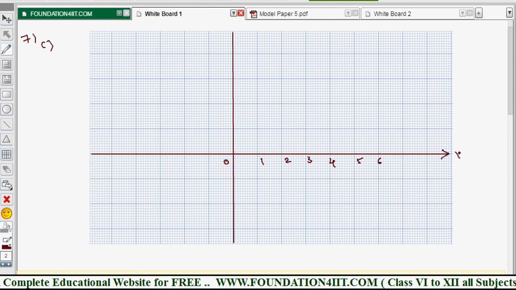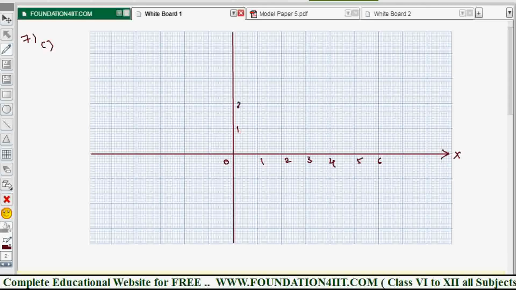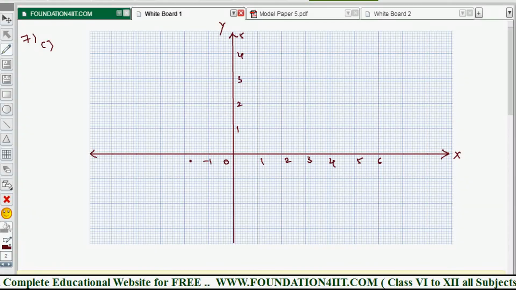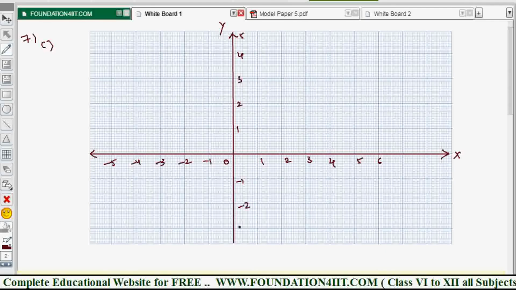So this is the x-axis. The y values are positive going up: 1, 2, 3, 4, 5, and so on. This is the y-axis. The left side is negative: minus 1, minus 2, minus 3, minus 4, minus 5. Similarly, minus 1, minus 2, minus 3 downwards on the y-axis. Right. Now let's observe the question.